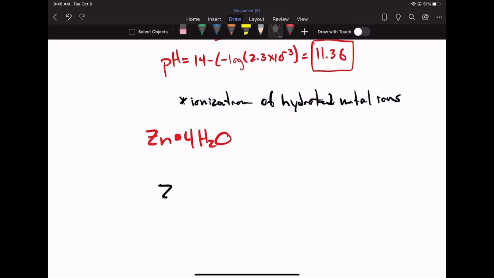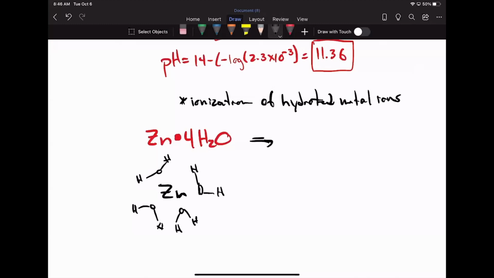What this essentially means when we see something like that is that this really has something we call a solvation sphere, which means essentially we have 4 water molecules, the first 4 water molecules, that just kind of surround this zinc, right? So that's what it means. So these are what we consider hydrated metal ions.